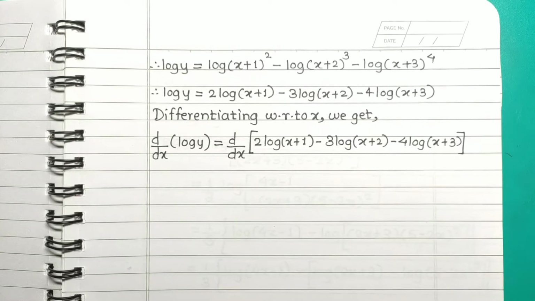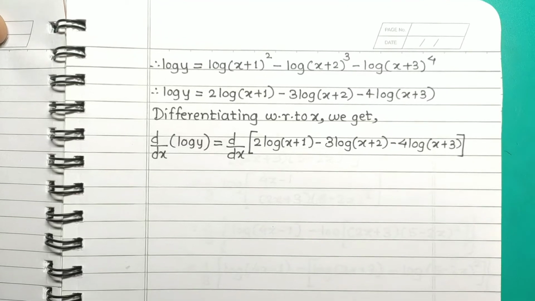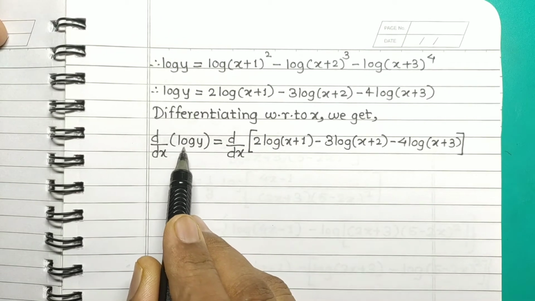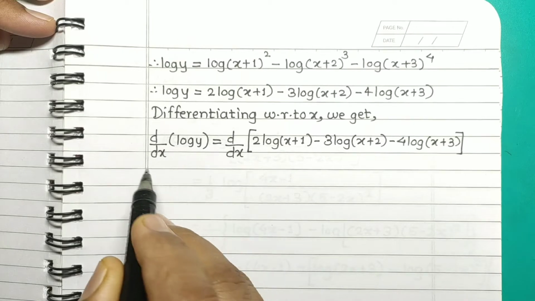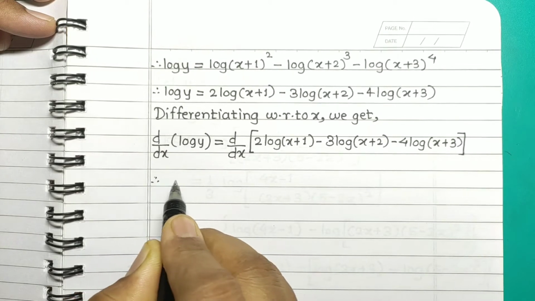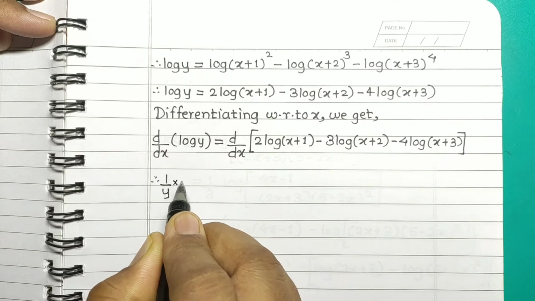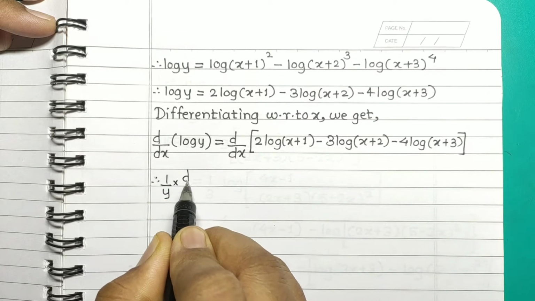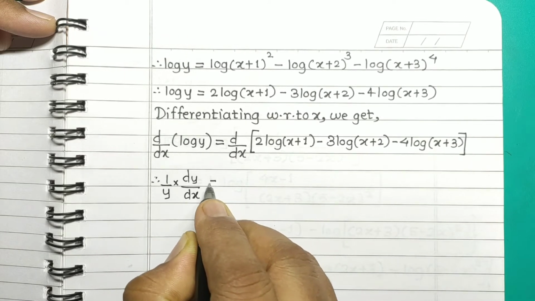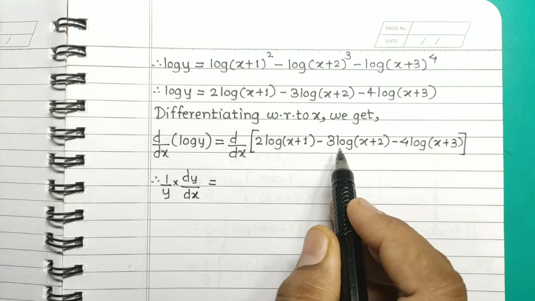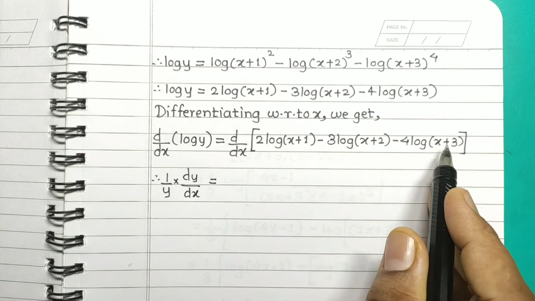Okay, now we have to evaluate these derivatives. So here, we have discussed the derivative of log y. Let's treat this function as log of something. So its derivative is 1 upon something, 1 upon y into the derivative of something, which is dy by dx, is equal to, since there is subtraction, we can separate their derivatives.